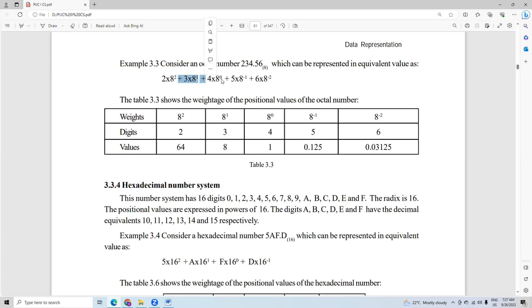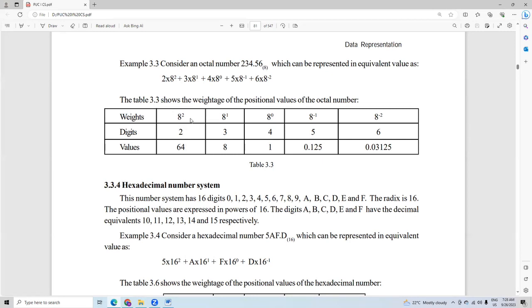Before the decimal point, towards the left, give the powers in positive values starting from 0 in increasing order: 8 raised to 0, 8 raised to 1, 8 raised to 2. And from the decimal point towards the right, give the powers 8 raised to minus 1, 8 raised to minus 2, right? And this table is the same as those of the above number systems.